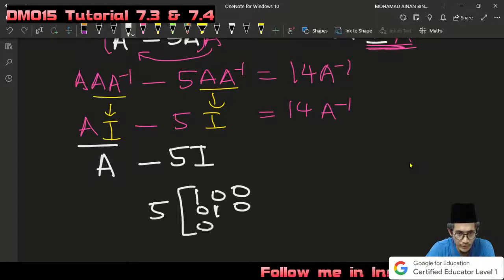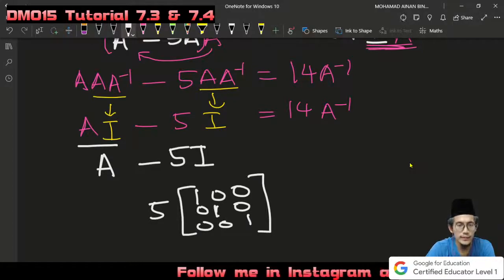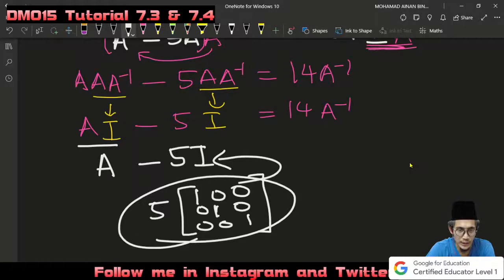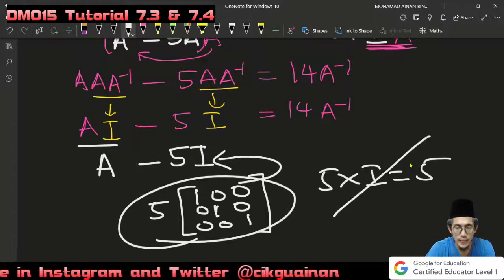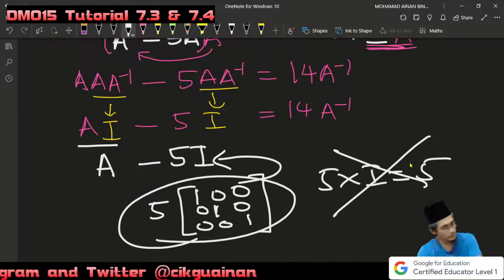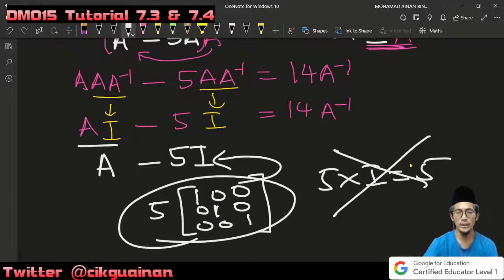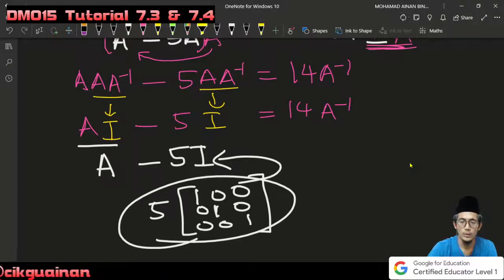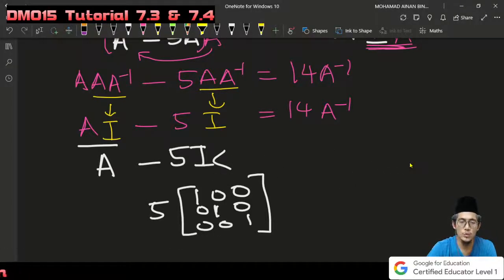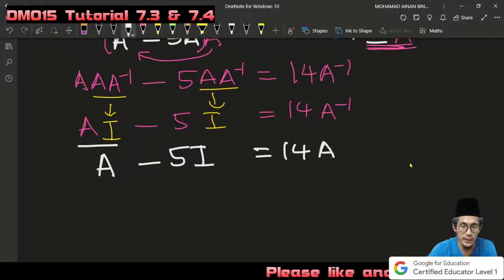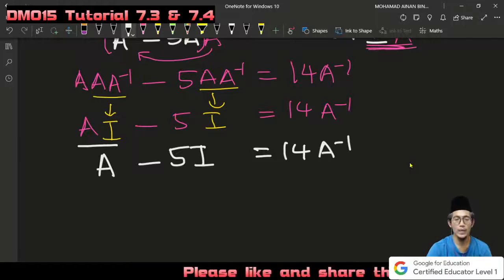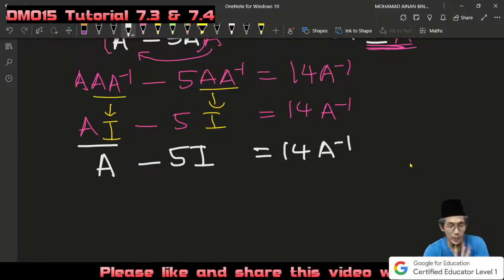Not 5 times identity equals 5. That's wrong. I'm saying it even though I know some will do this. So, please. So, 5I equals 14A inverse. We are almost there. Not quite, but almost there.